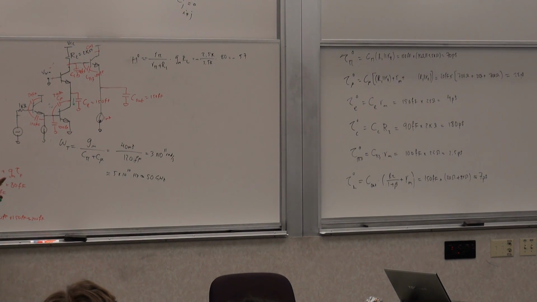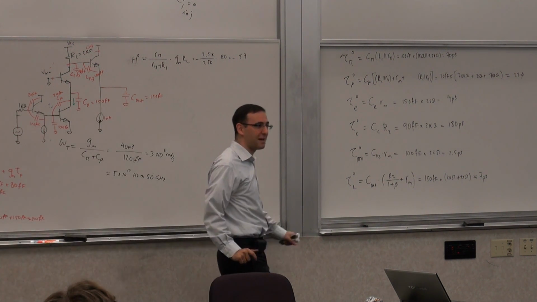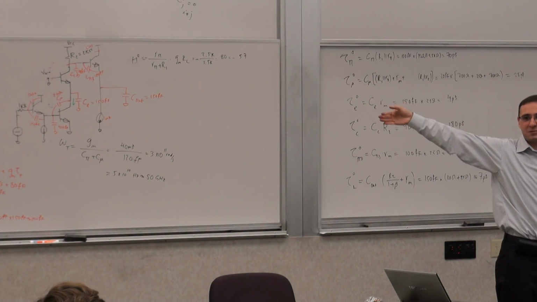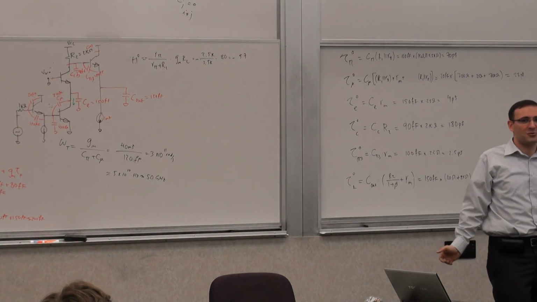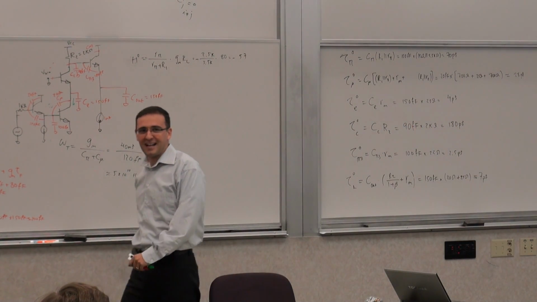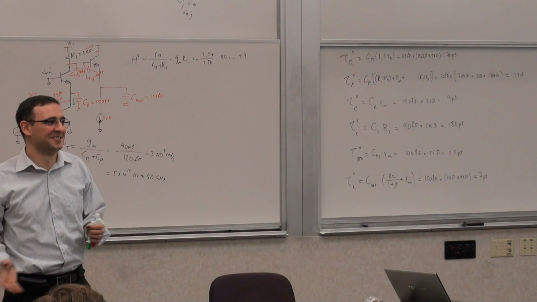The first order answer, does anyone know what the answer is? What's the gain per stage if you want to get the maximum bandwidth? Of course, that's not the best power trade-off, because then you're burning tons of power in each stage. But do you have a guess of what that number would be? Just take a guess. It has to be a mathematical number, right?